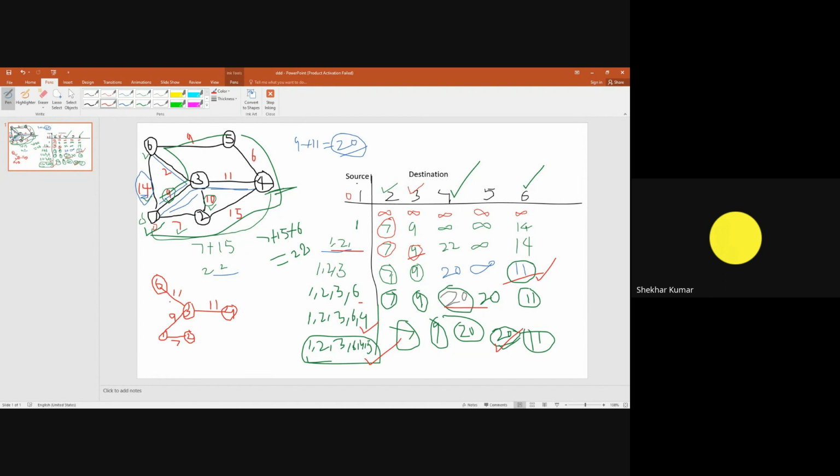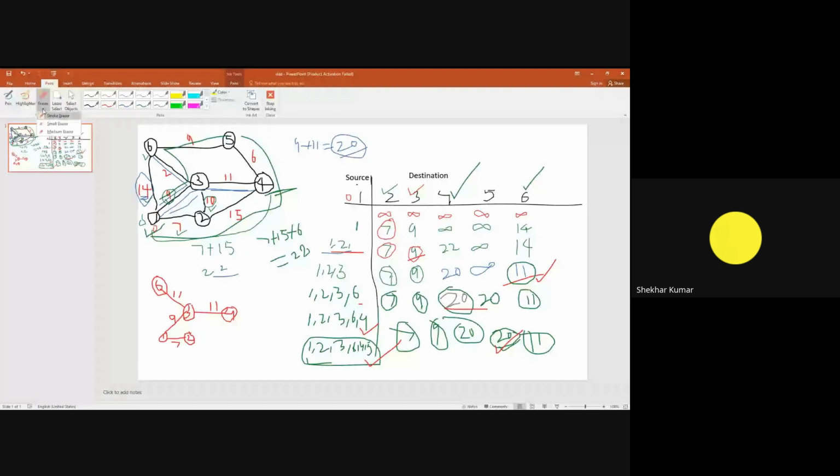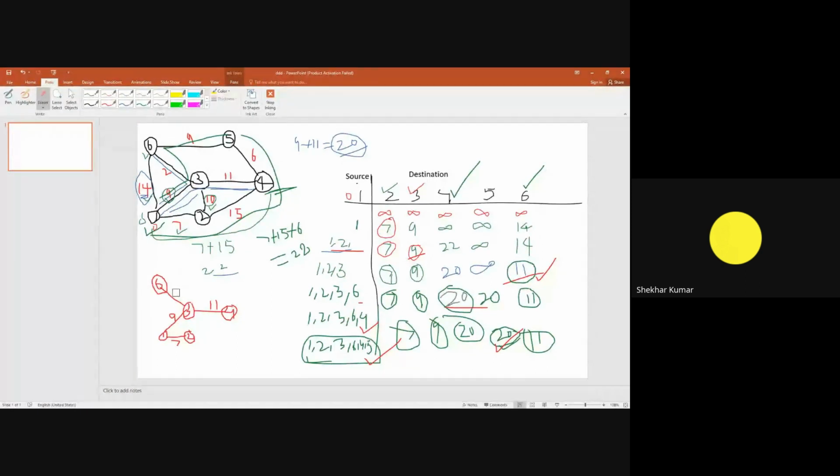Sorry, it is 2, not 11, it is 2. 9 plus 2, 11. With the 20, I have also visited 5.